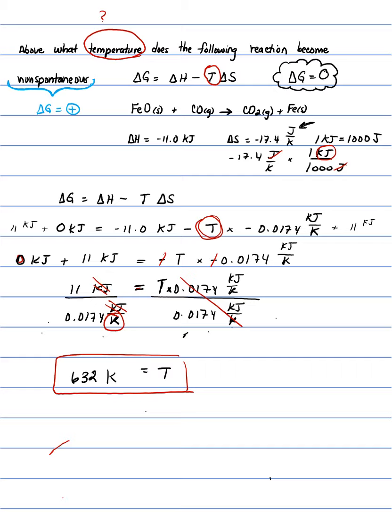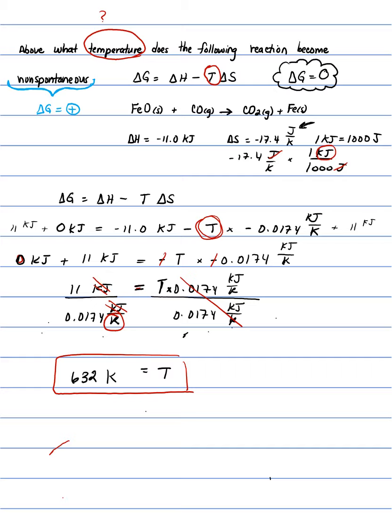So at that temperature we get a delta G of 0, but any number above 632 will give you a non-spontaneous process or a delta G with a positive sign. Any number below 632 will give you a negative sign for delta G or a spontaneous process.